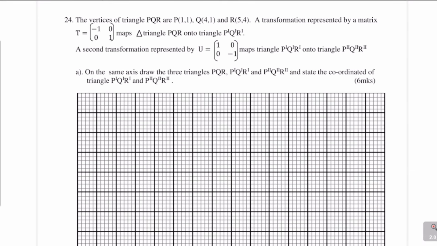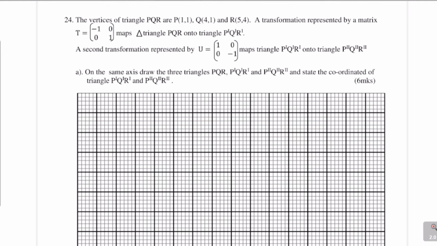Question 24. The vertices of triangle PQR are given there. A transformation represented by a matrix T, -1, 0, 0, 1, maps triangle PQR onto P prime, Q prime, R prime.